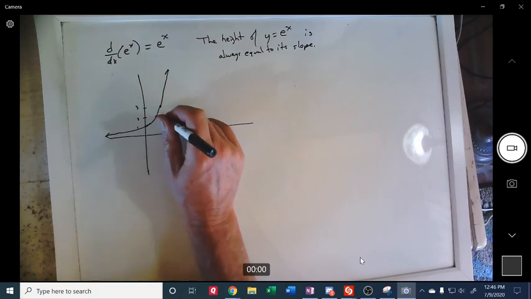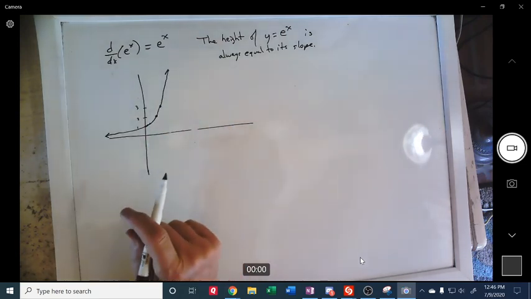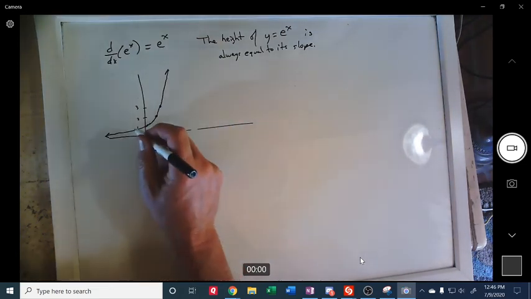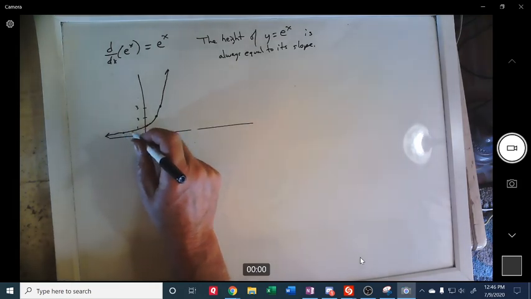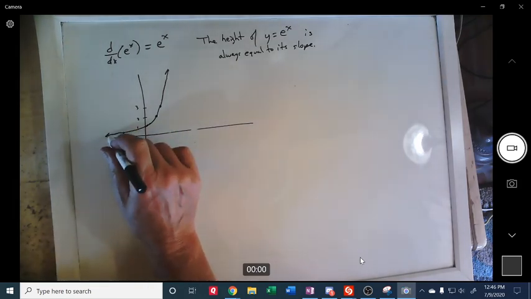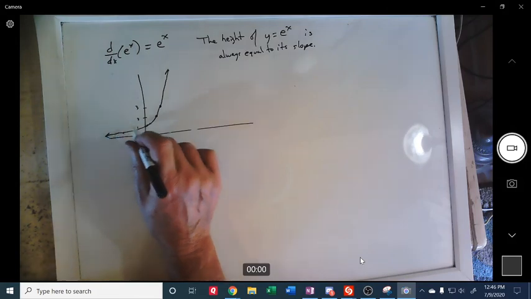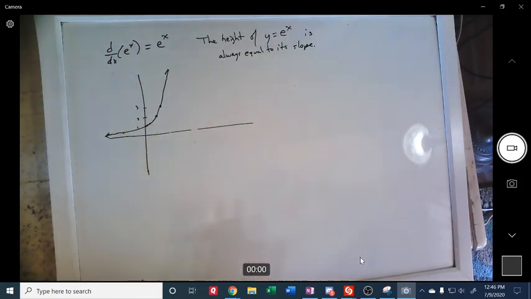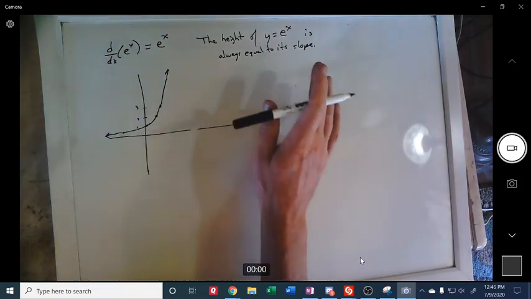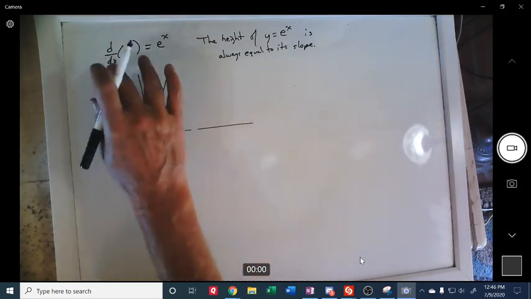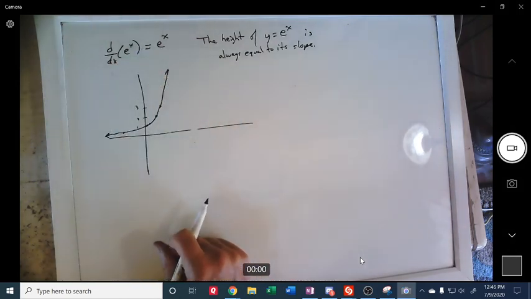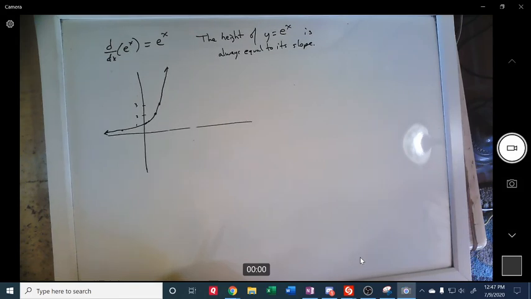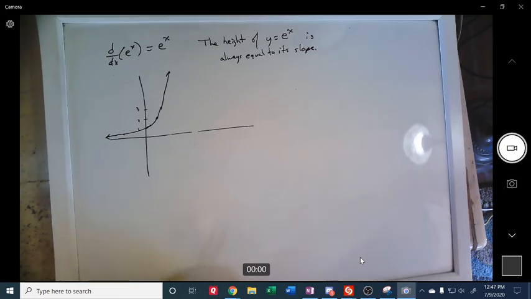Any point on this curve, its height is 2, its slope is 2. Now this one, its height is 1/2, its slope is 1/2. Its height is 1/4, its slope is rise 1, run 4, 1/4. Always the heights and the slopes are equal. That's a really unusual property, and it happens only with exponential functions.